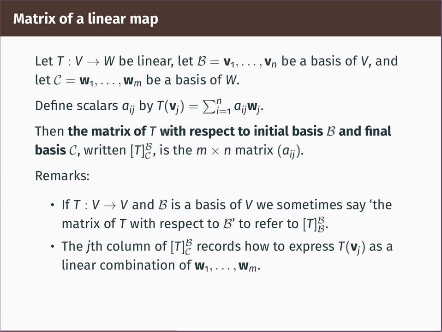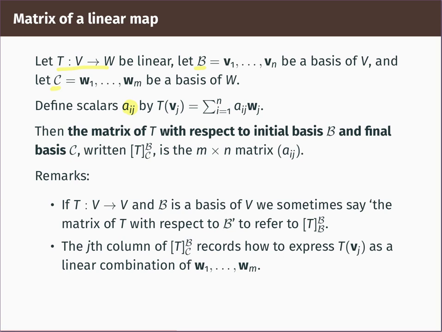So here's our formal definition then of the matrix of a linear map. You take a linear map T from V to W, you choose a basis which we'll call B of V and another basis C of W. You then define some scalars Aij by T of vj being equal to the linear combination sum from i equals 1 to m of Aij wi.